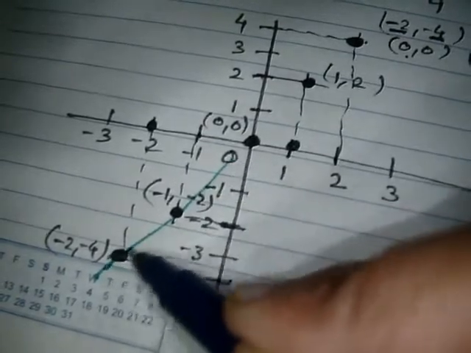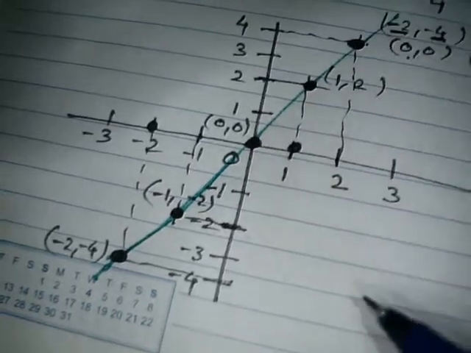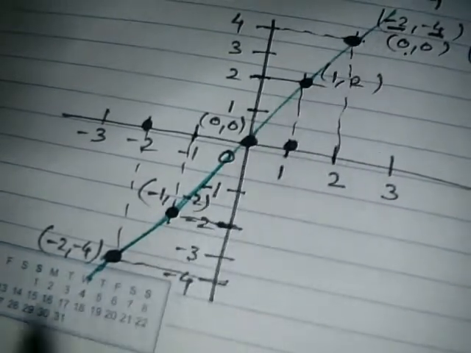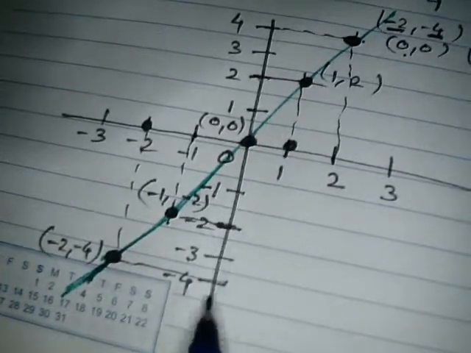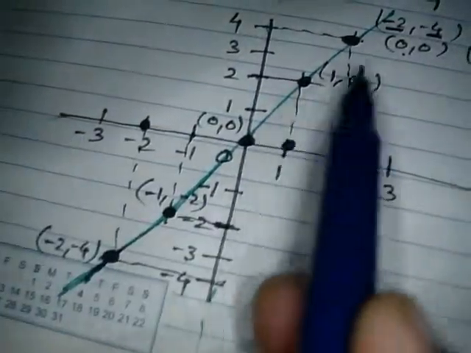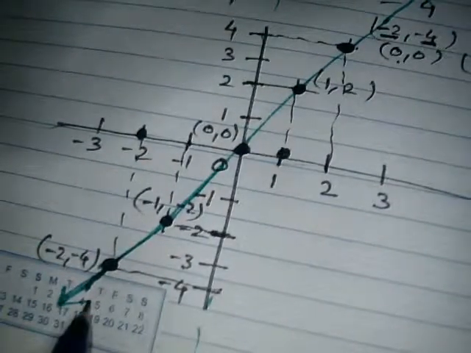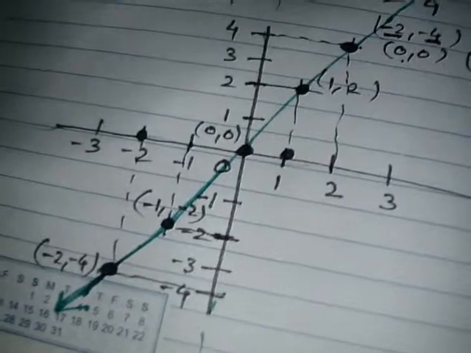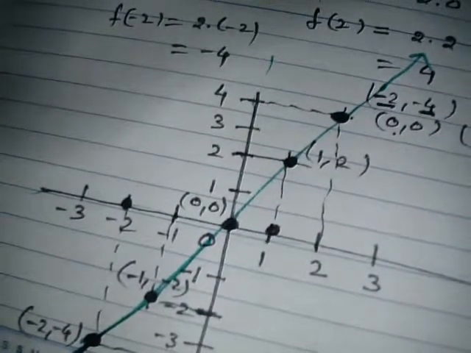This is a straight line, and if you extend this on the y-axis and x-axis, it continuously gives the points in this direction and also in this direction. So this graph, you can see, is a straight line graph, or you can say the linear function.